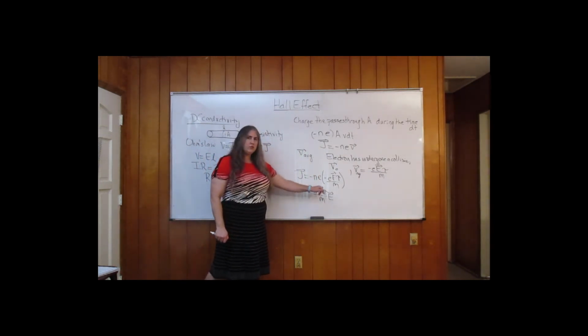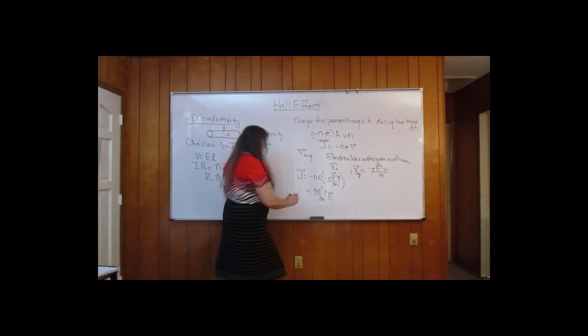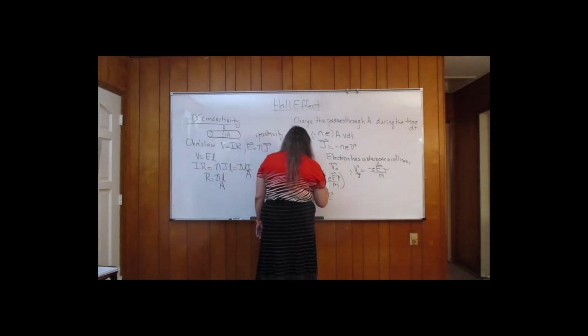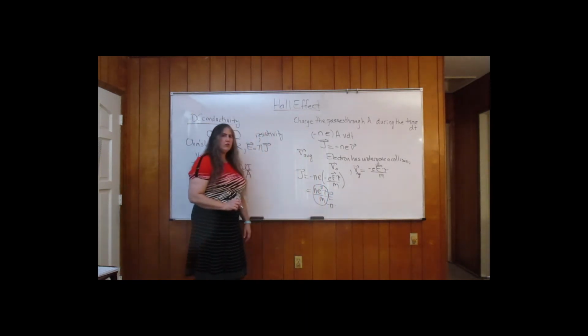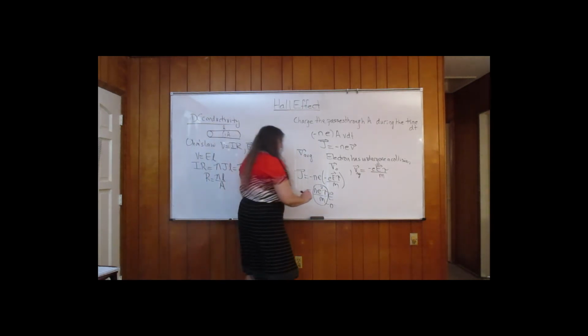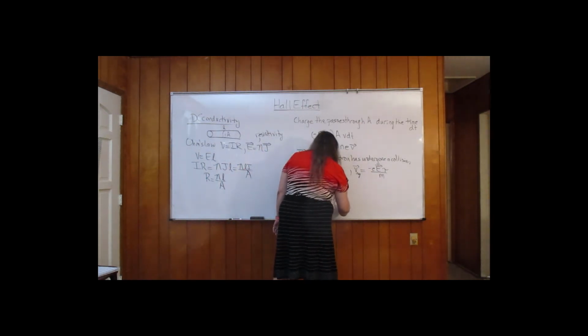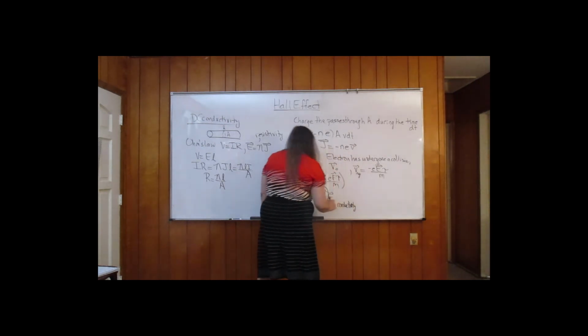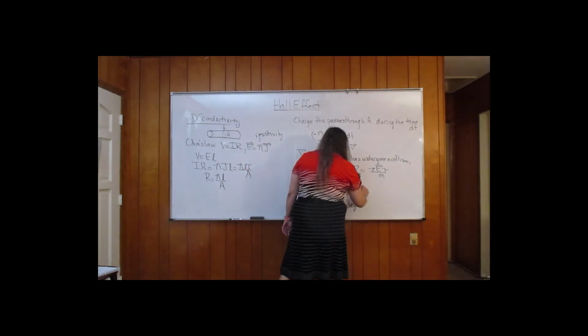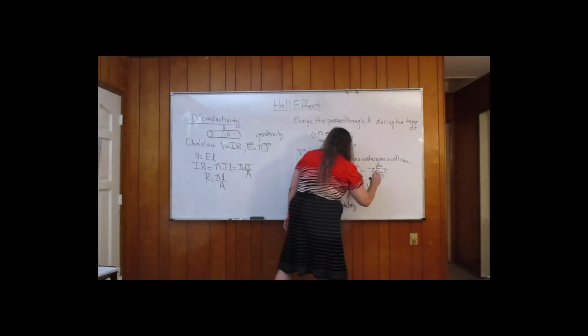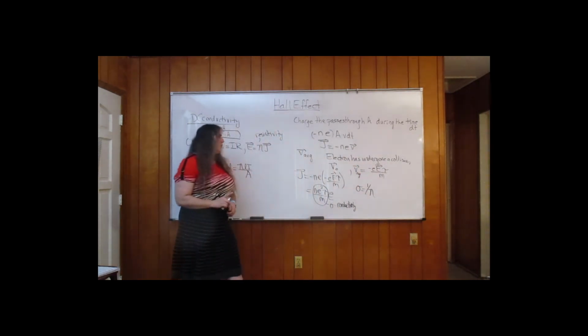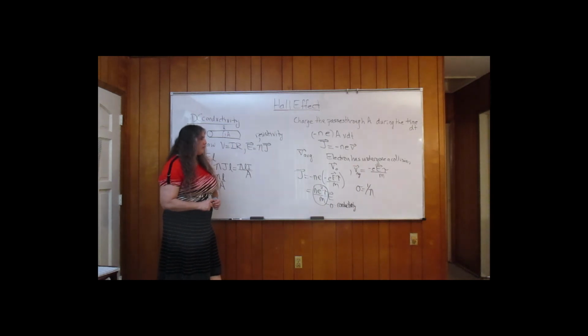That's equal to ne squared tau over m. And this is represented by the character sigma, and that's the conductivity. And the conductivity is equal to 1 over the resistivity. Okay?